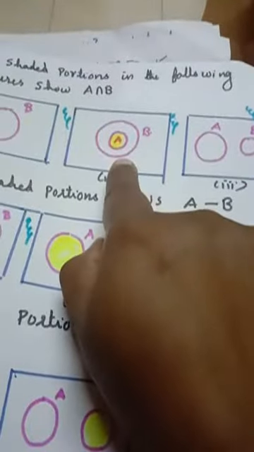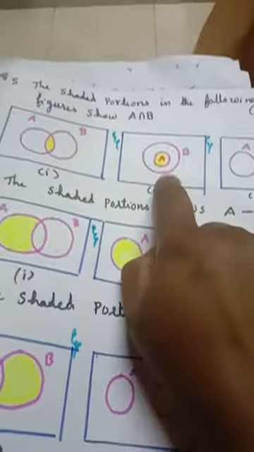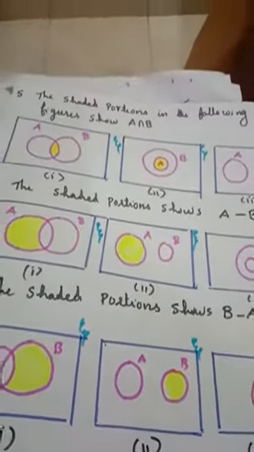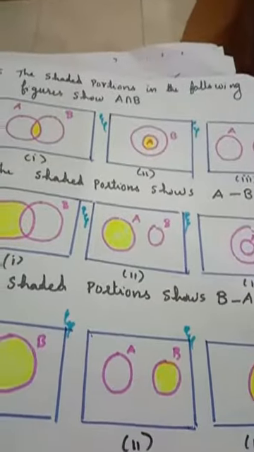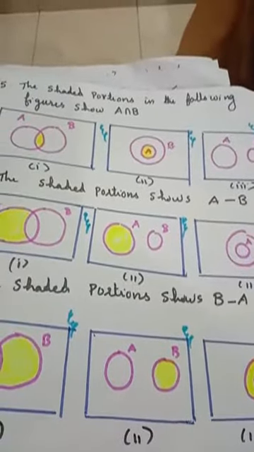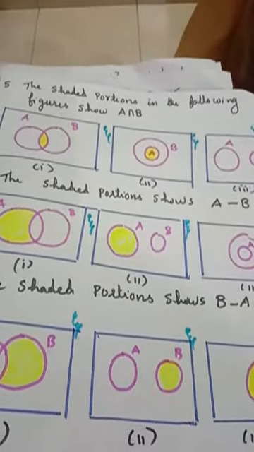And how to mark A subset of B and B subset of A. Then also learn different set notations for the three sets. Which are the three sets? Disjoint set, overlapping set, subset.